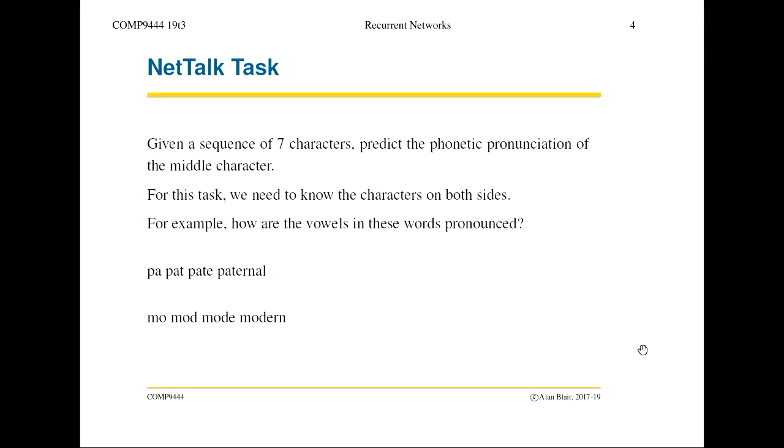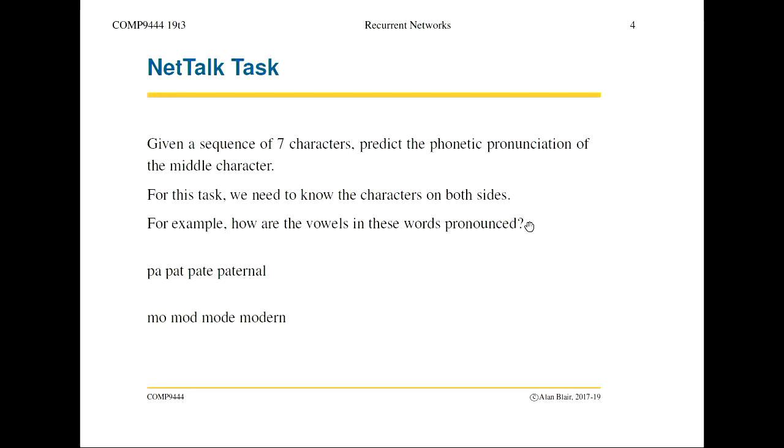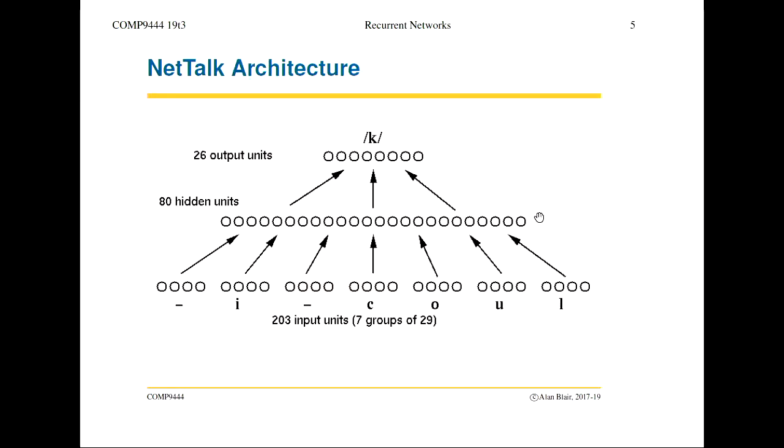Think about how the A is pronounced in these different words: pa, pat, pate, paternal. There are actually 4 different sounds. Mo, mod, mode, modern: it's flipping back and forth between a long O and a short O. So the task isn't as trivial as it might at first appear.